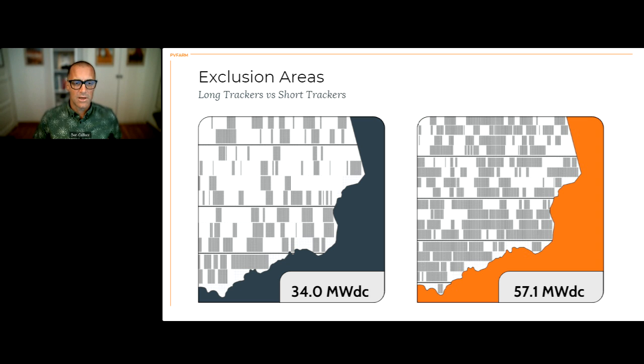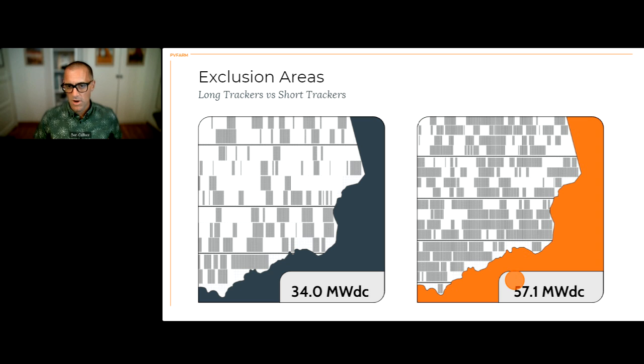In that particular case, this is a 90 mod, we're looking at that 34 megawatt DC approach here. And when we go to a shorter tracker, we get a lot more flexibility. We can avoid more of those areas, and the trackers can follow that terrain a lot better, and we get a really substantial gain.